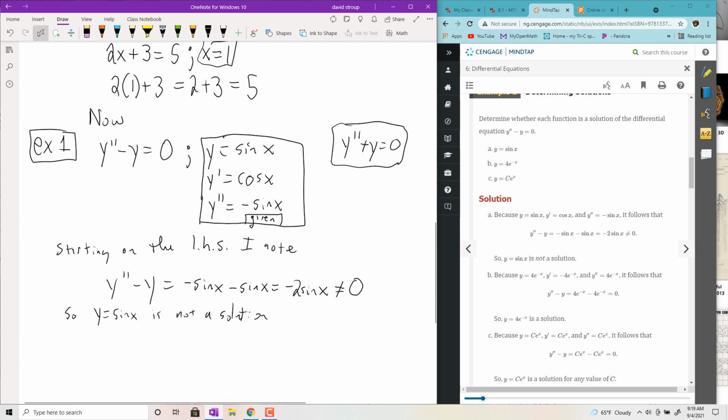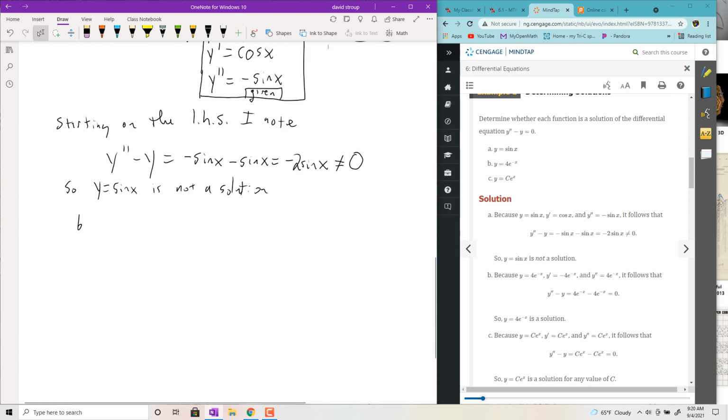Let's move on now to part B. Y double prime minus y equals 0, and we want to know if y equals 4e to the negative x is a solution. Again, I'm going to get the second derivative first.